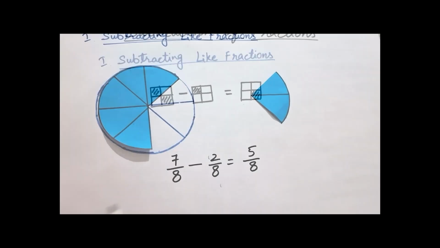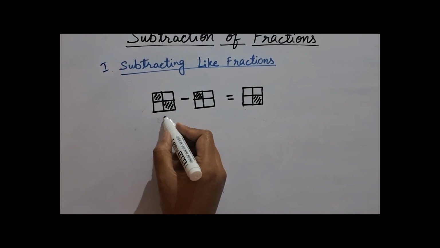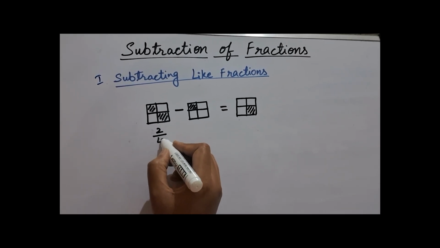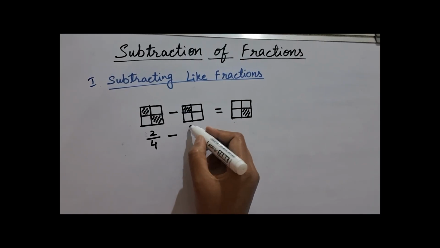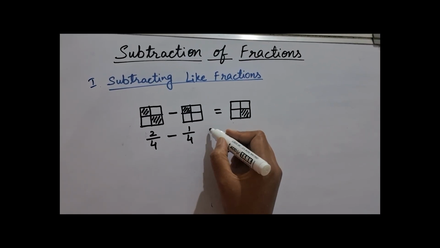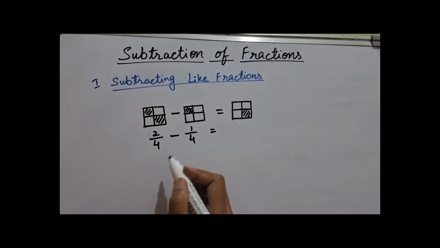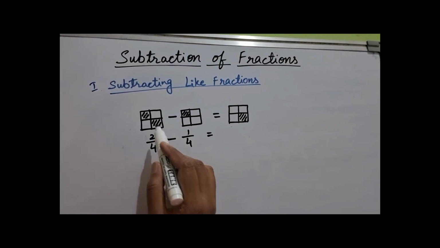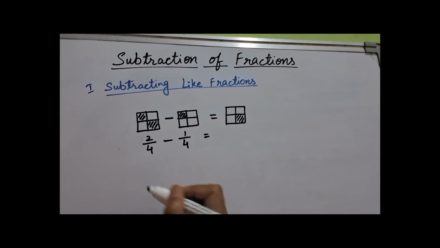Okay children? The fraction part of this is 2 by 4 minus this is 1 by 4. That means two shaded parts are there out of 4 and one shaded part is removed.